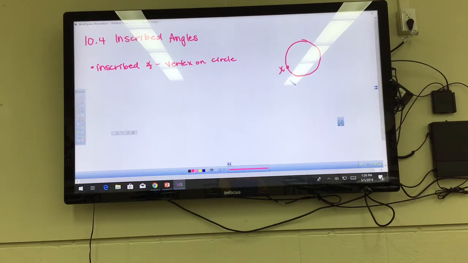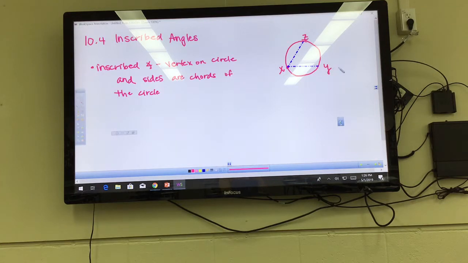Okay, it has a vertex on the circle and the sides contain chords, or the sides are chords of the circle. So I'll show that. Now I have the angle ZXY.